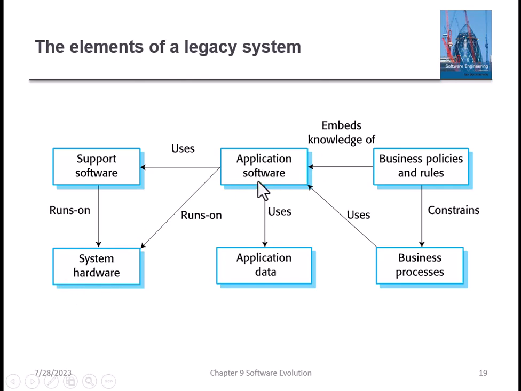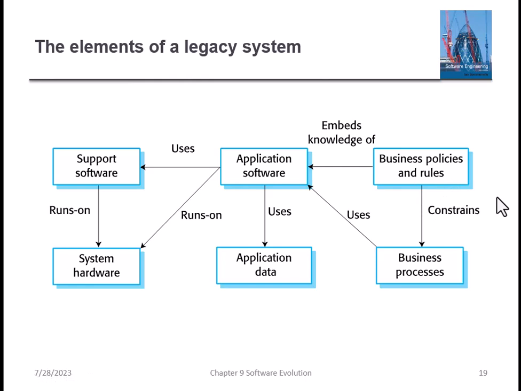And where does this application software get its input from? It gets the input from the business process. The business process contains the constraints that come from the business policies and rules. It's a very easy logic.